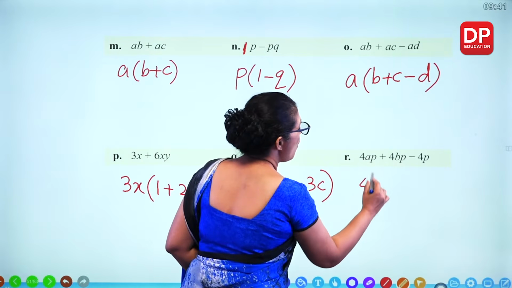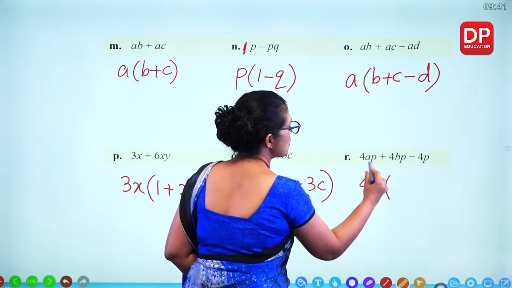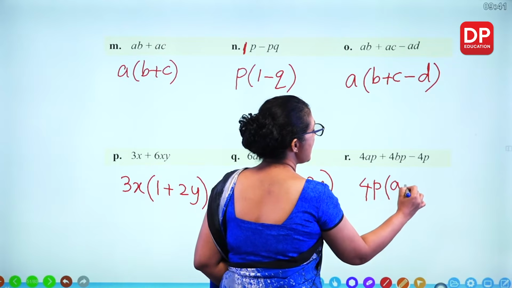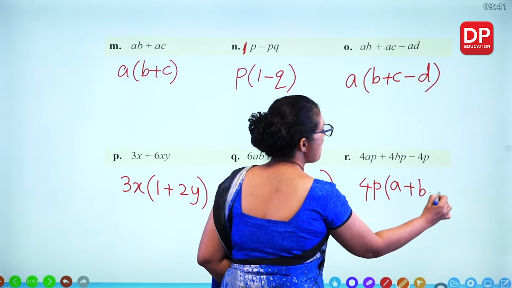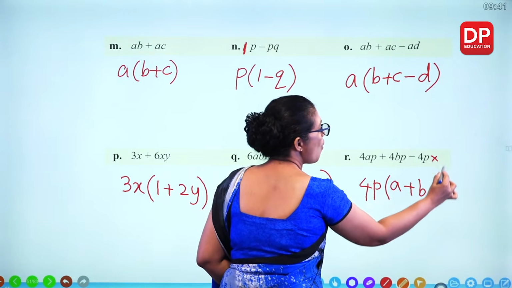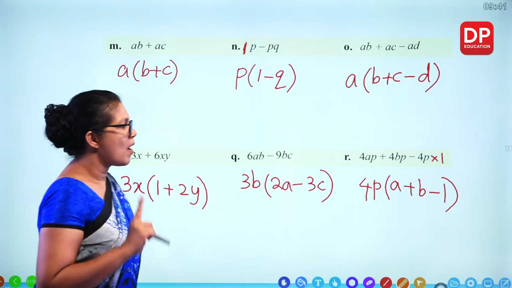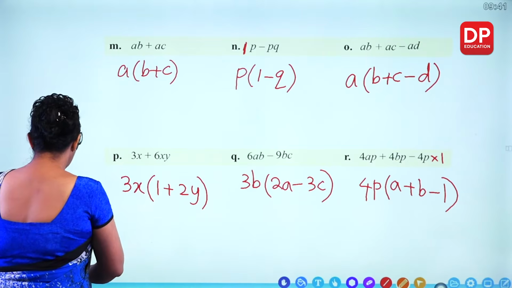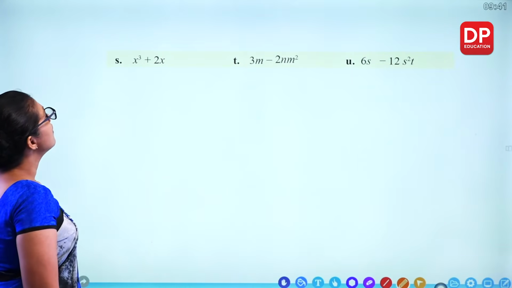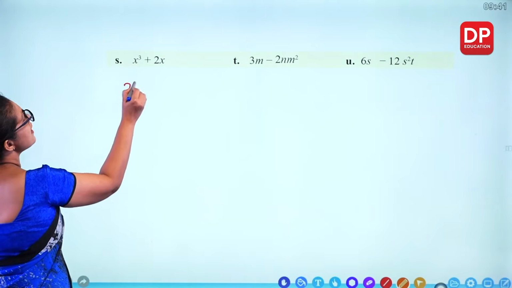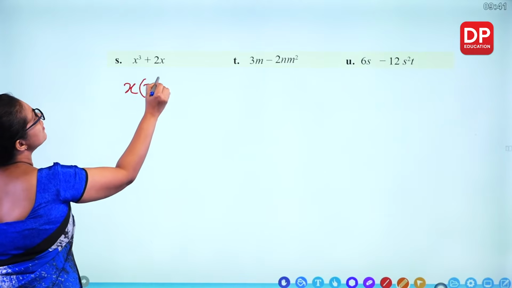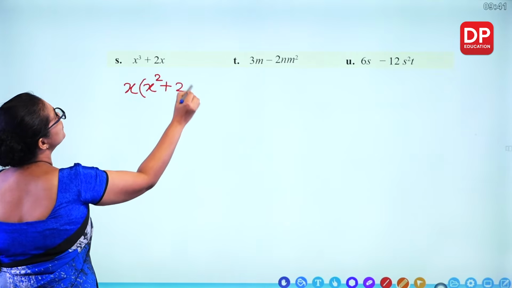Here 4p, you can take it out. 4p, that means a plus b minus 1, because when you take 4p out, 1 is remaining. In this one, you can take x out. You get x squared plus 2.